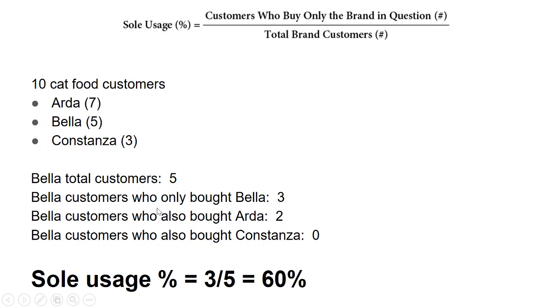So the numerator is those who bought only you, and the denominator is the number of customers that bought you at all, either solely or along with others. So our SOL usage percent is 60%. So 60% of our customers don't shop around, they only buy us.